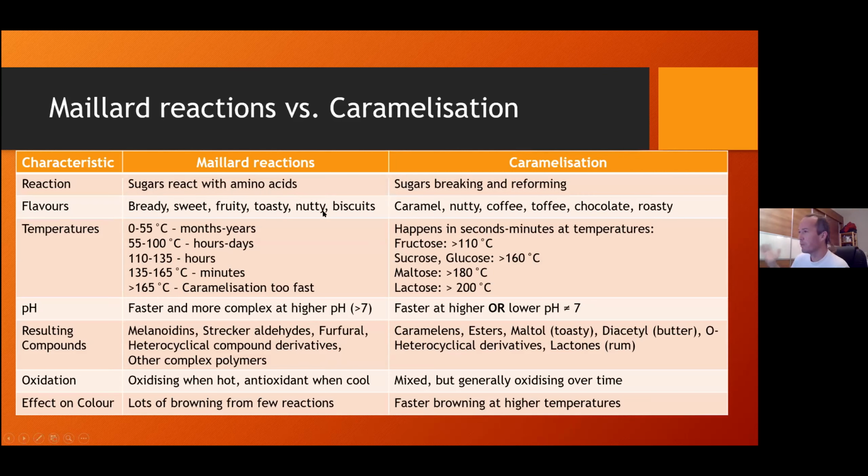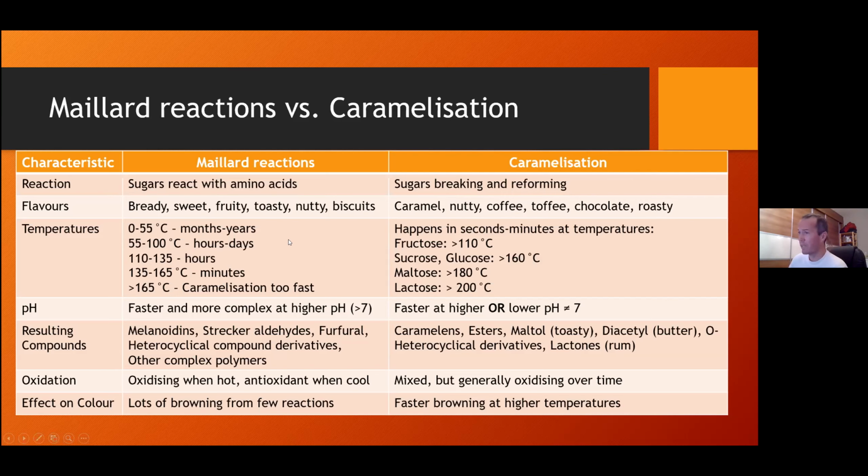The flavors, usually when we talk about malt flavor, it can be anything from bready to nutty to toffee to roasty, but actually, if you start thinking about it, there's bready, sweet, fruity, toasty, nutty biscuits versus caramel, and I say nutty because this is actually where there's a crossover. Coffee, toffee, chocolate, roasty, and I'd even put like rum in there as well. It's probably more on the caramelization side.